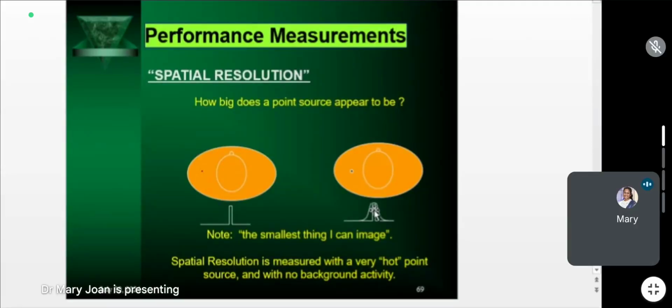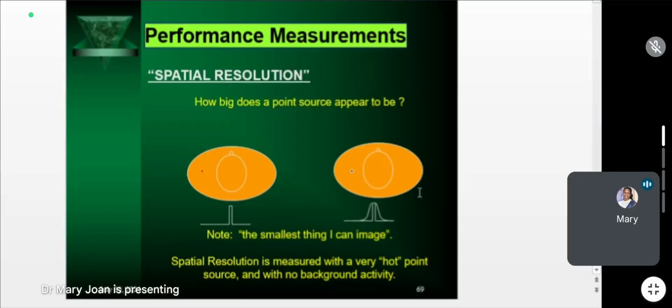How big does a point source appear to be, the smallest thing we can image? Spatial resolution is measured with a very hot point source and no background activity. How well can we resolve a point source? How small a source can be identified clearly in the image? That is the measure of spatial resolution.